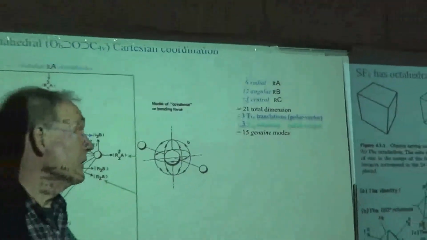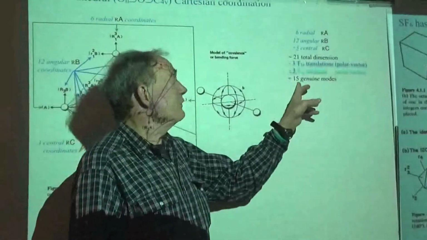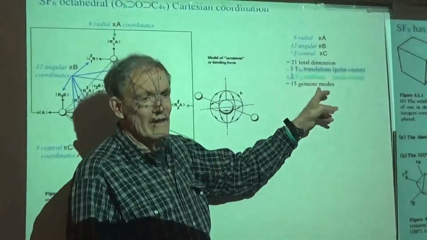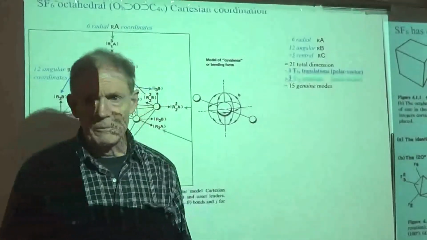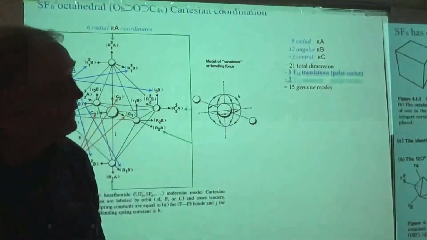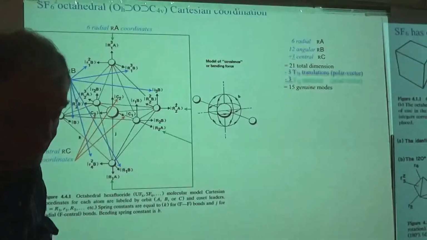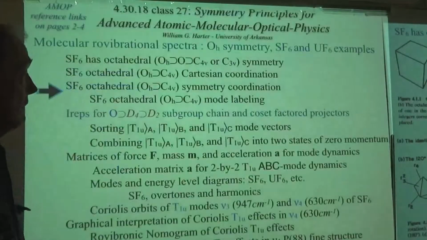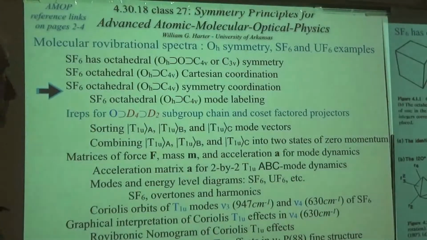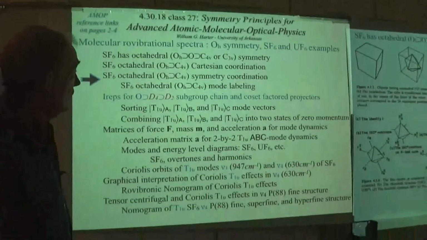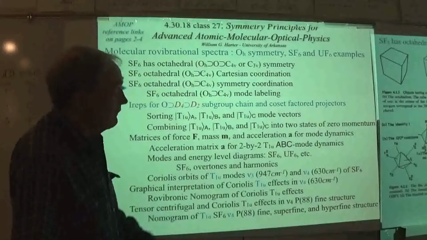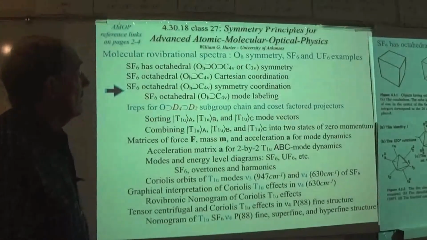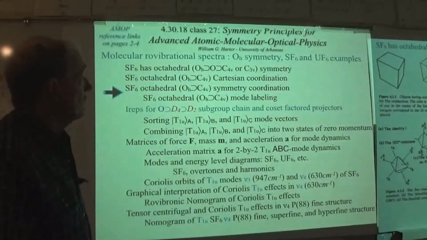So they're out as well. So we really end here with 15 what are called genuine vibrational modes. Okay, so taking that 6 out reduces the problem, but taking it out is a problem that we have to solve. So the symmetry, coordination, and mode labeling of this really is what we have to do carefully.